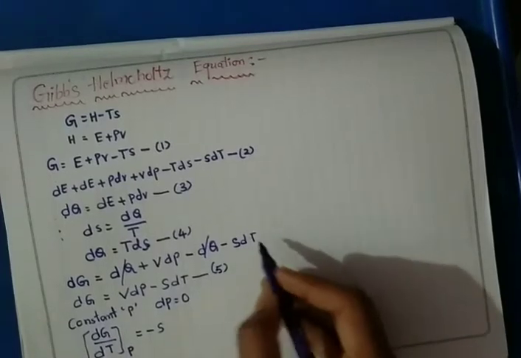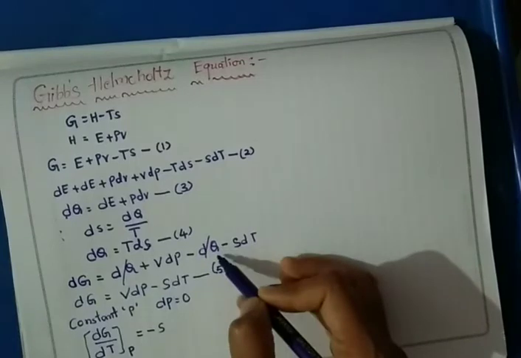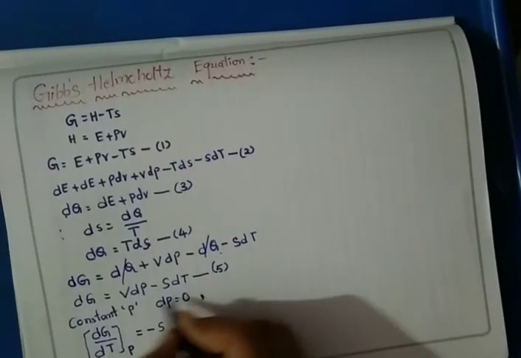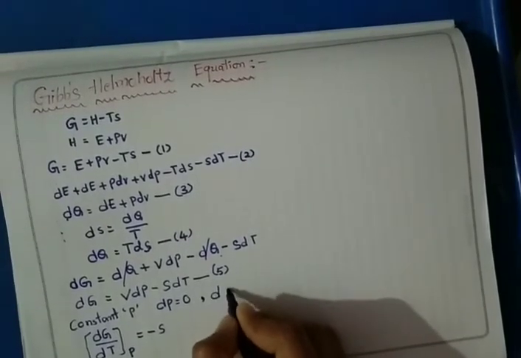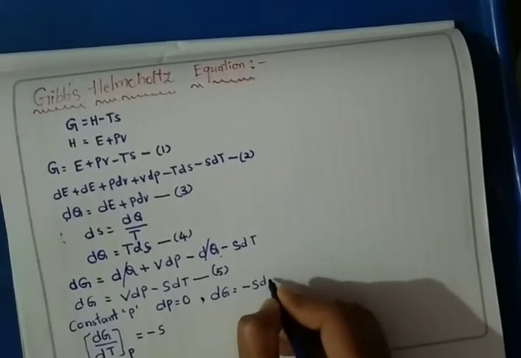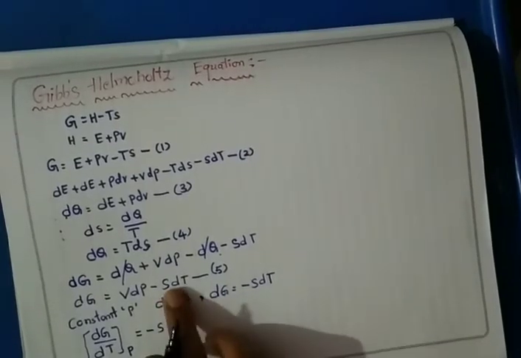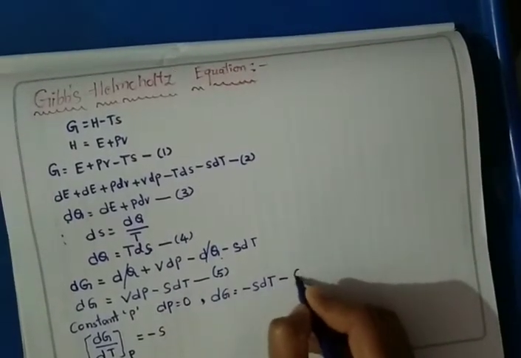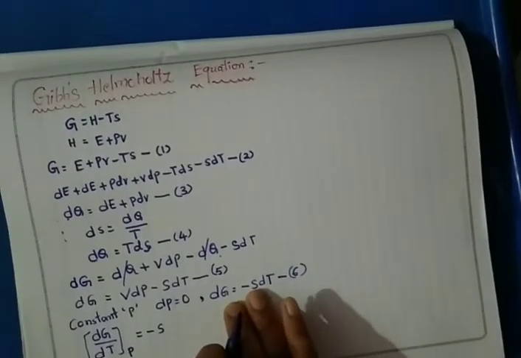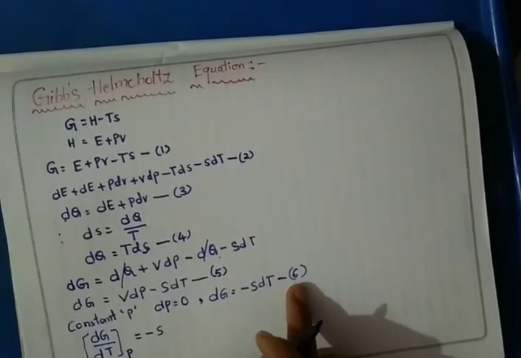So 1, 2, 3, 4, this is the 5. Now we take another convenient equation: dG is equal to minus SdT. So this is equation number 6.